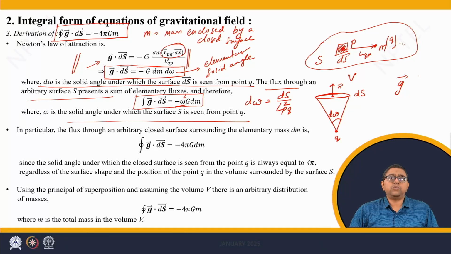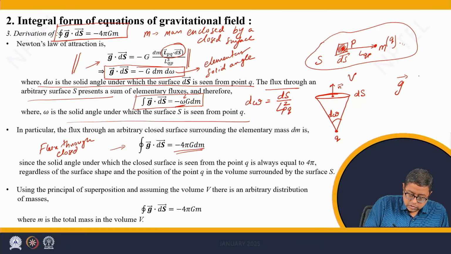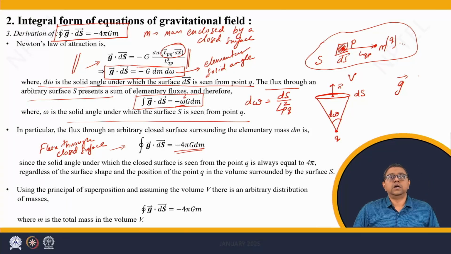Thus, the flux through an arbitrary closed surface surrounding the elementary mass is given by minus 4π g dm. The circle on this integral represents that this integral is being taken over a closed surface area.